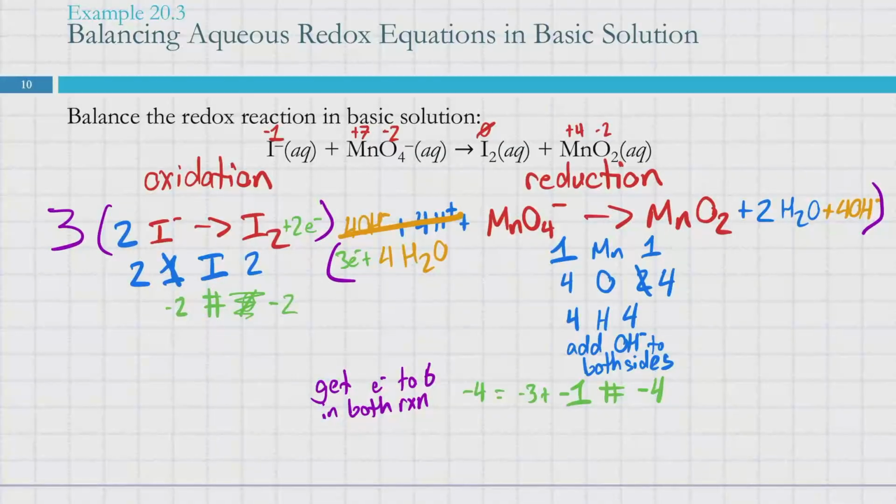Our reduction half reaction, we're going to multiply by 2. You can probably see why there's lots of spots to make mistakes. All of the little balancing parts, and then we get to multiply everything, we get to add everything. It's very easy to make a clerical error and just forget to write something.